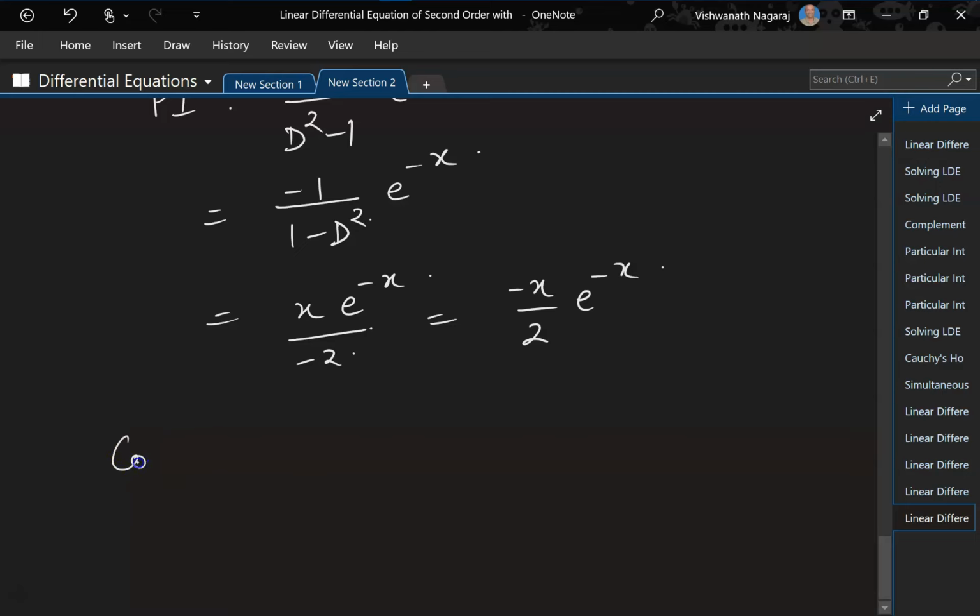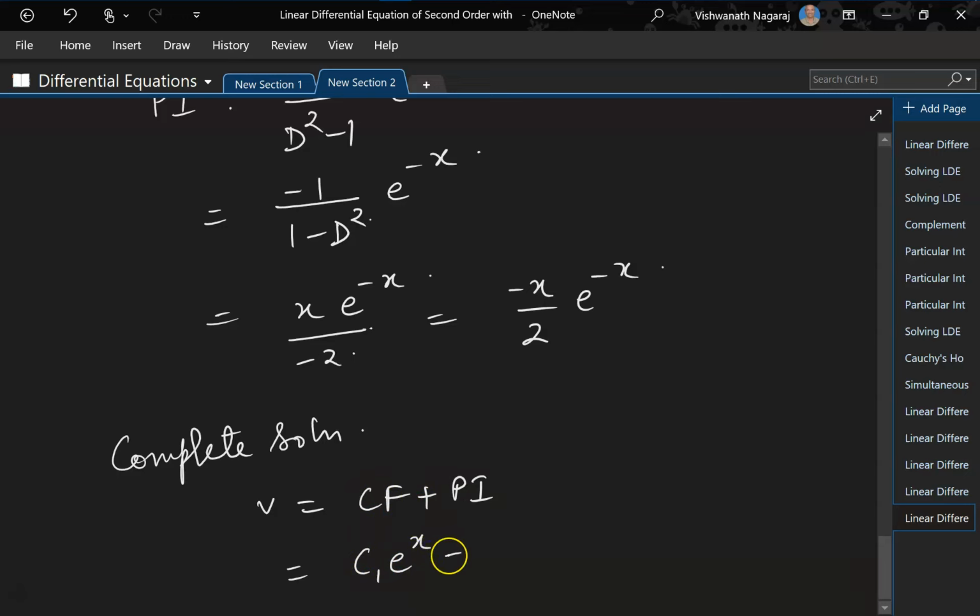So our complete solution would be what? v is equal to CF plus PI, which is c1 e to the power of x plus c2 e to the power of minus x minus x by 2 e to the power of minus x.